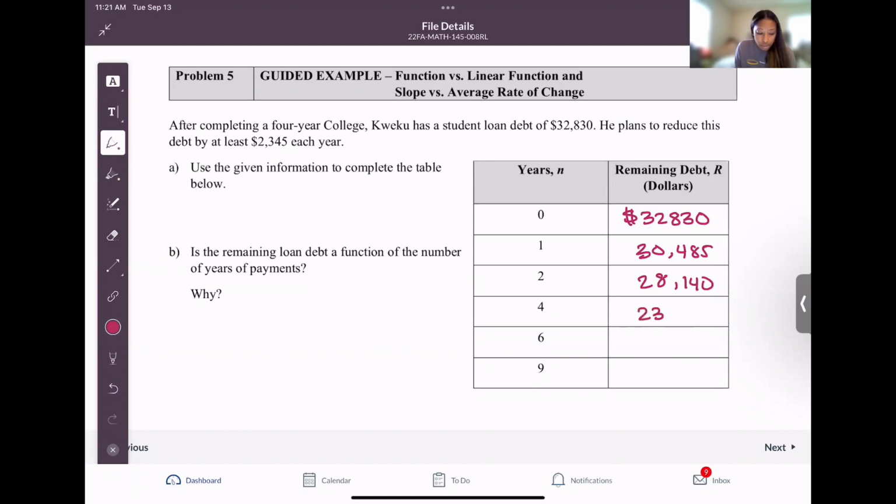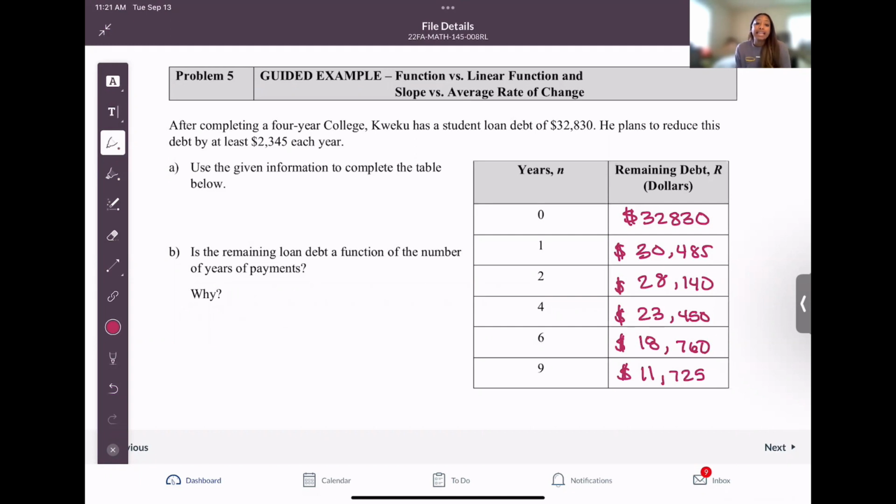I got $23,450. After 6 years, $18,760. And after 9 years, his debt will be down to $11,725. Okay. So use the given information below to complete the table.